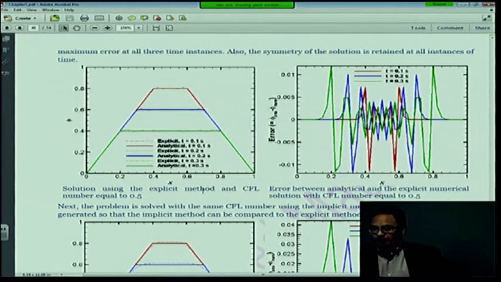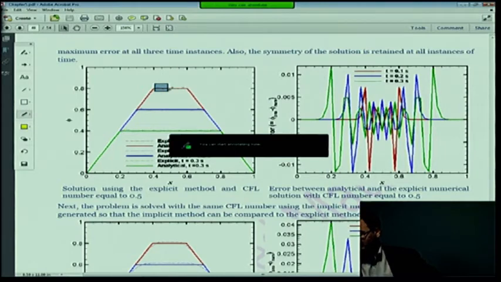The red, blue, and green lines are at different instances of time, and it may not be very evident from the back there, but there is a solid line which is showing the analytical solution, and there is a wiggly dotted line which is showing the explicit numerical solution. It may not be evident from the back, but it actually depicts slight oscillations around that flat line.